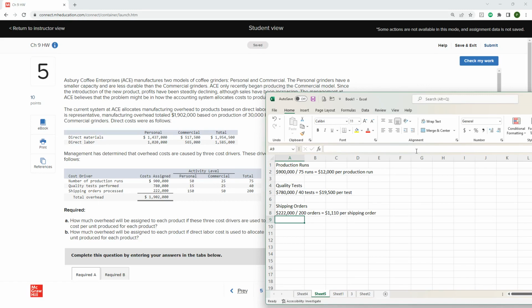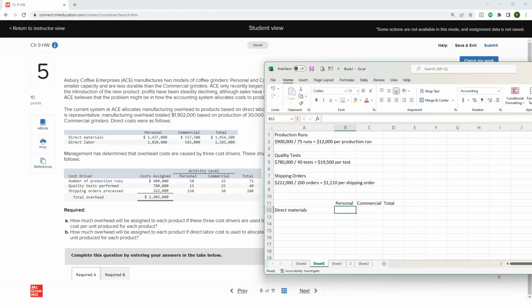So for the personal grinder, our direct materials is $1,437,000. For the commercial grinder, it's $517,500. And then we put in our amounts for direct labor that they give us. And then we calculate our overhead costs. For the personal grinder, we're going to do 3 different allocations.